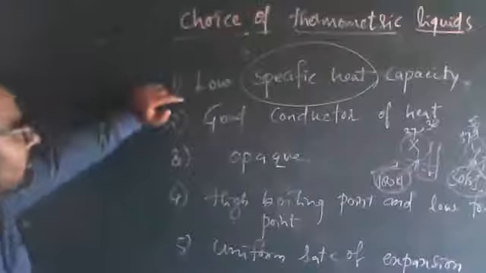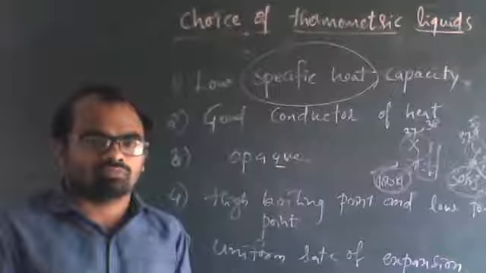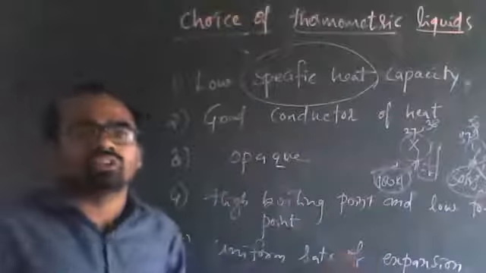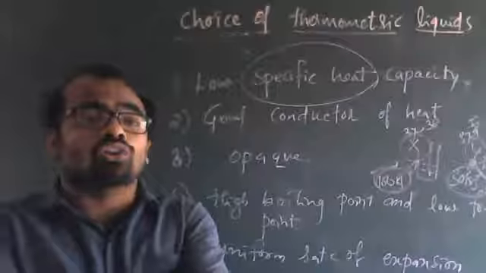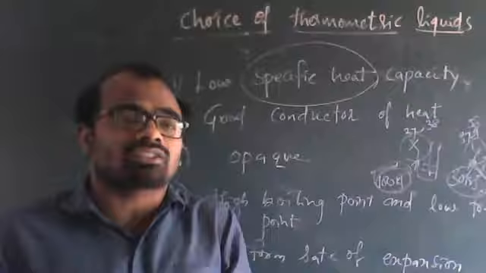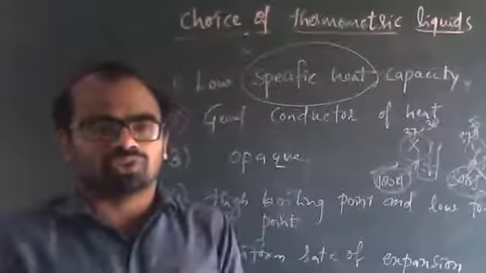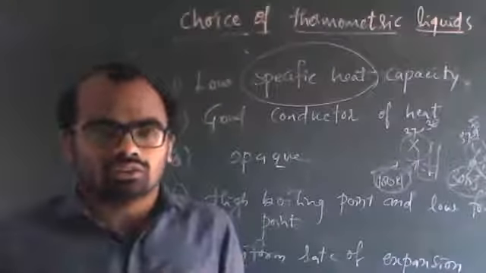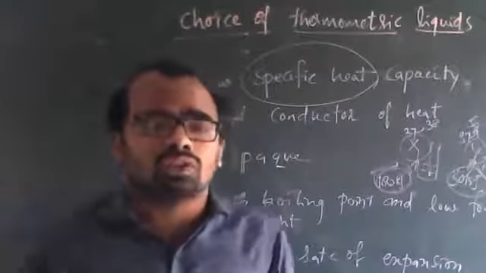Second one, they should be good conductors of heat. That means that the liquid should be a good conductor of heat. If it is not a good conductor of heat, then it will not take all the heat. Some of the heat may get wasted, and then it will show the wrong temperature. Suppose a thermometer is kept in our mouth, then it has to take all the temperature of the surrounding inside the mouth.